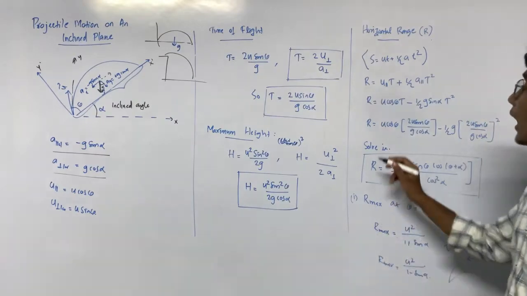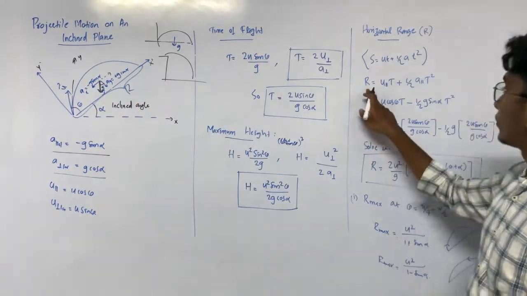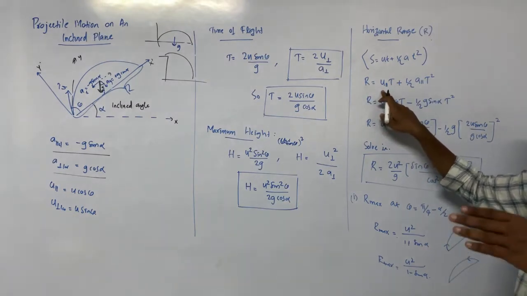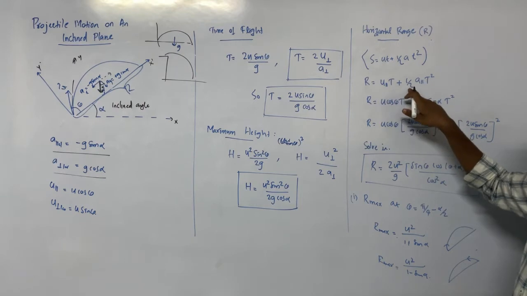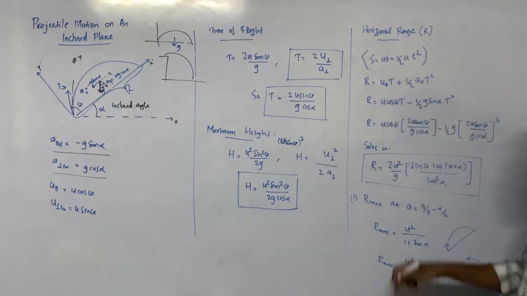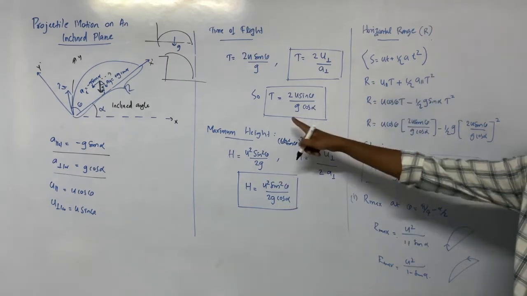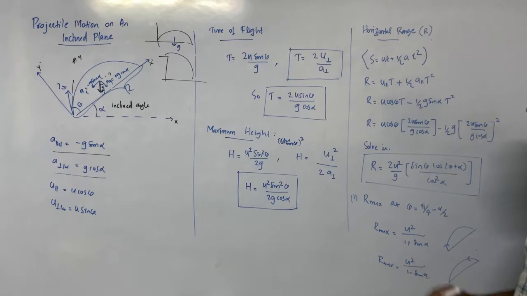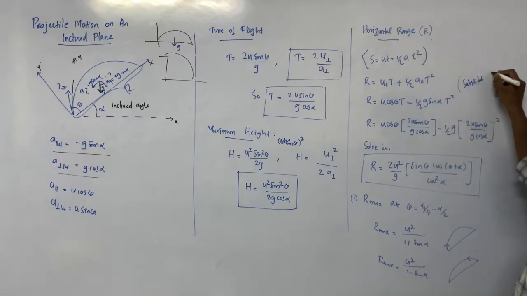So R is equal to u parallel into total time, the time of flight, plus half into a parallel into t square. Just substitute all the values: u parallel, a parallel and t from the earlier equations.